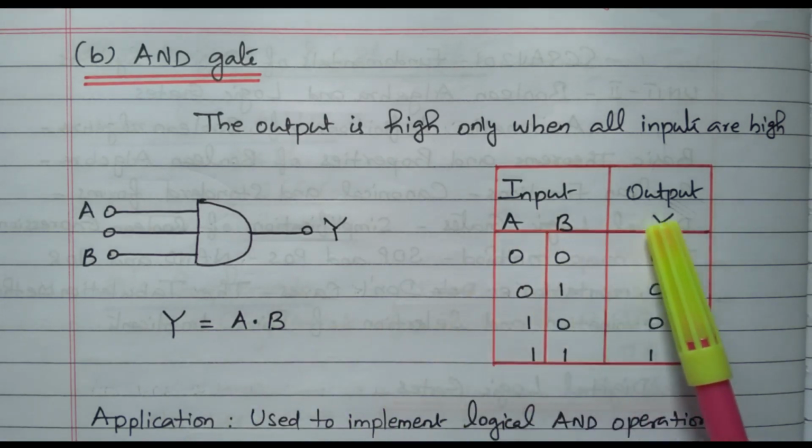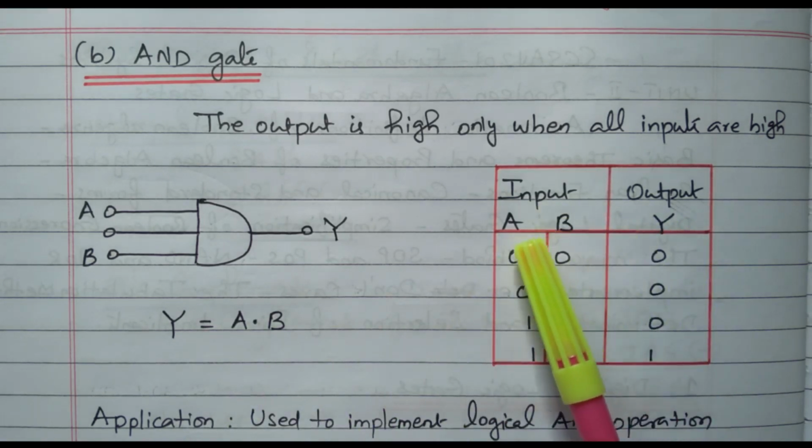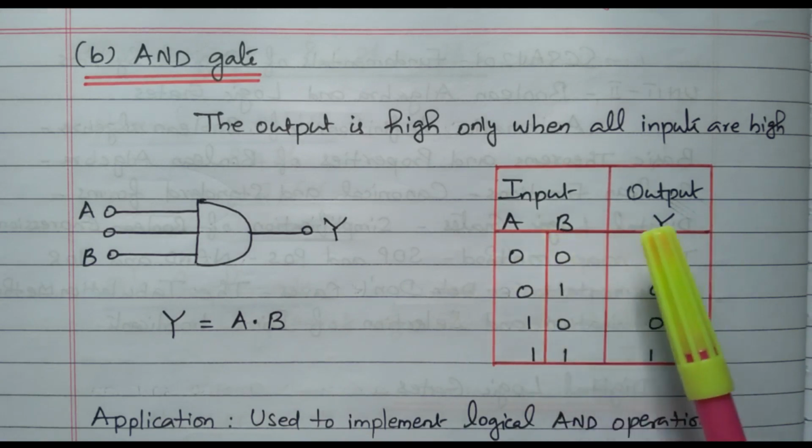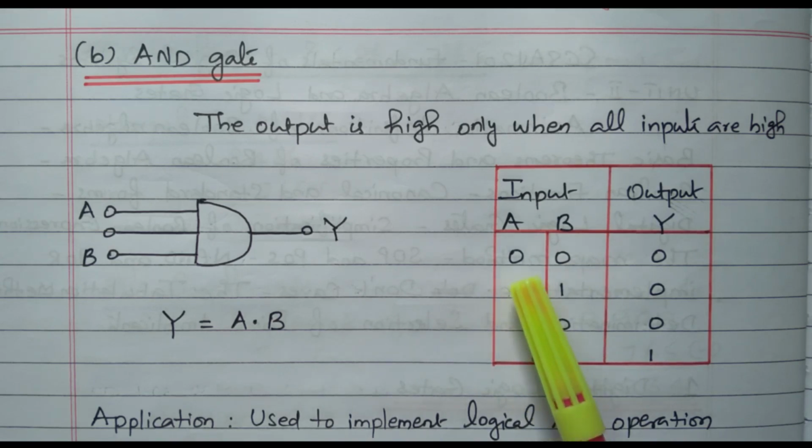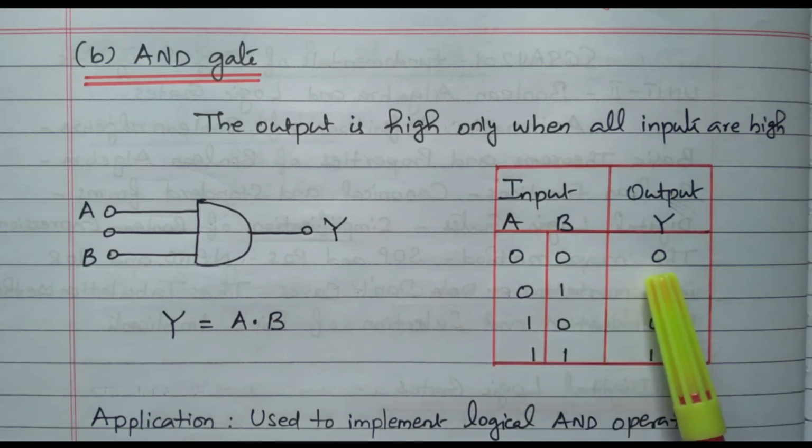So the truth table is available here. The inputs A and B, there are two inputs, then the output Y. Because of two inputs we have four combinations: 0 0, 0 1, 1 0, 1 1. If the inputs are 0 0, the output will be 0.